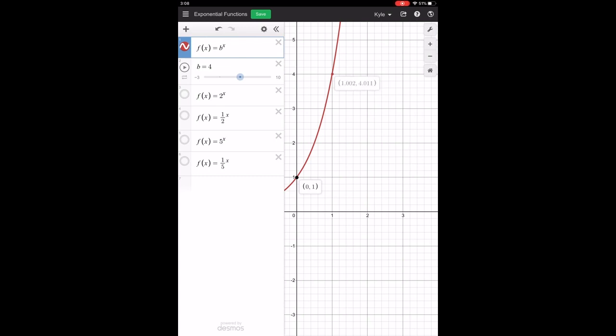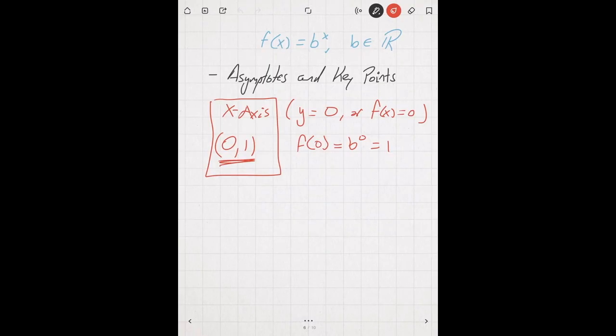What you should be noticing here is that anytime I plug a 1 in for x, I get b out. What I mean by that is, let's take f(x) equaling b to the x power.